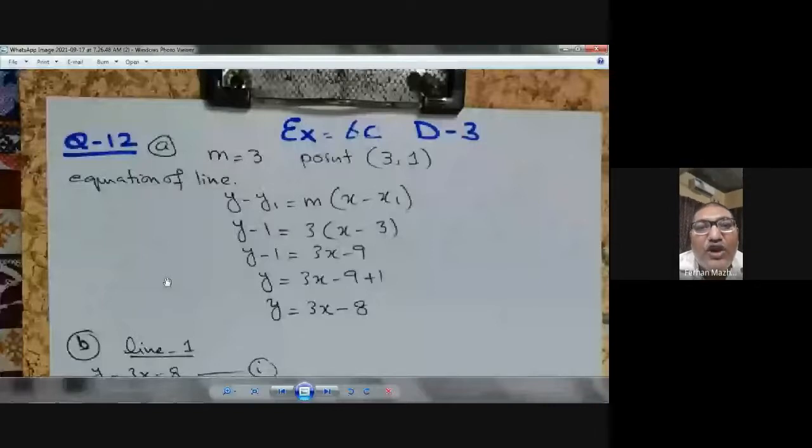So you get y minus 1 equals 3 bracket x minus 3. So y minus 1 equals 3x minus 9. So y equals 3x minus 9 plus 1. So y equals 3x minus 8. This is the equation of that line whose gradient is 3 and is passing through the point 3, 1. This is question number 12 A part.